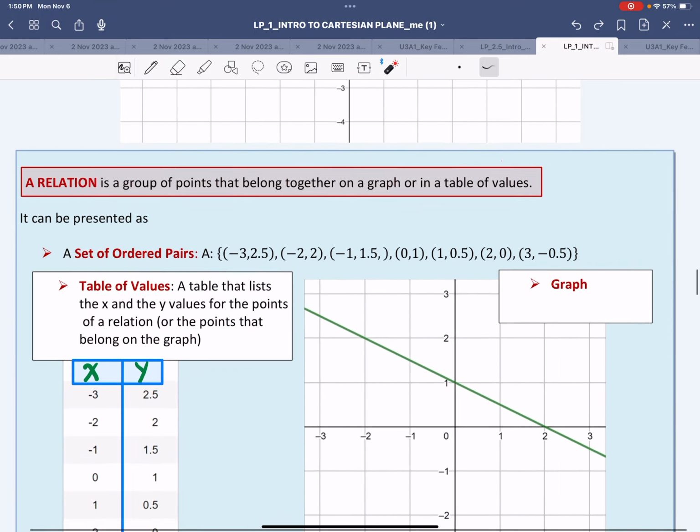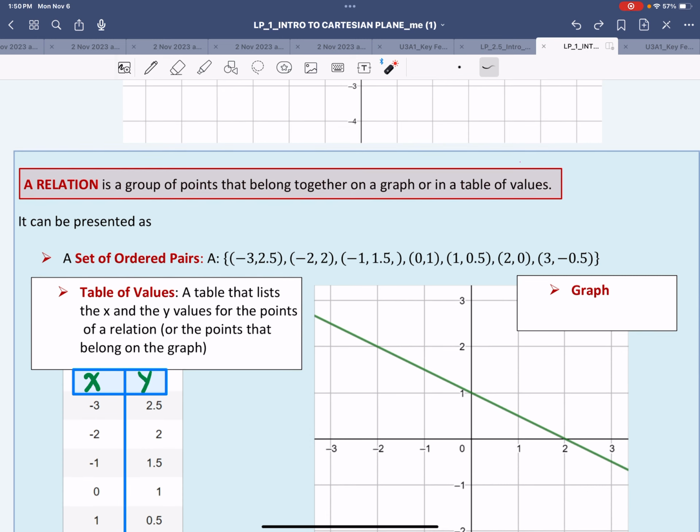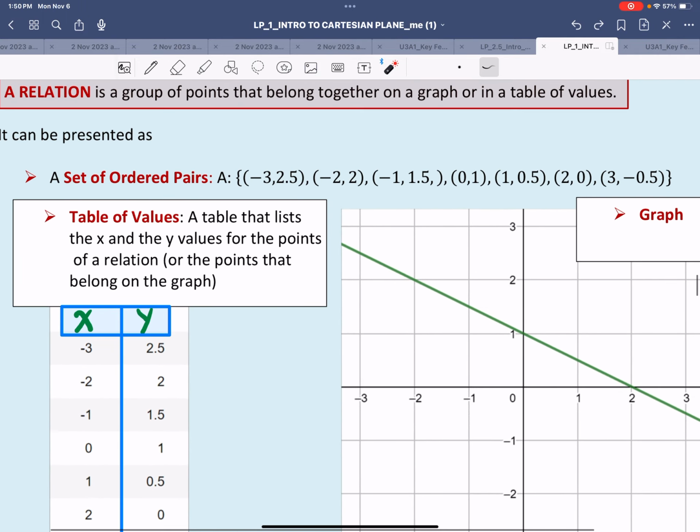Now, we say that a relation is a group of points that belong together on a graph or in a table of values. There are different ways to describe how the points that lie on the same line or have the same relation will form a relation. So a relation can be represented by a set of ordered pairs.